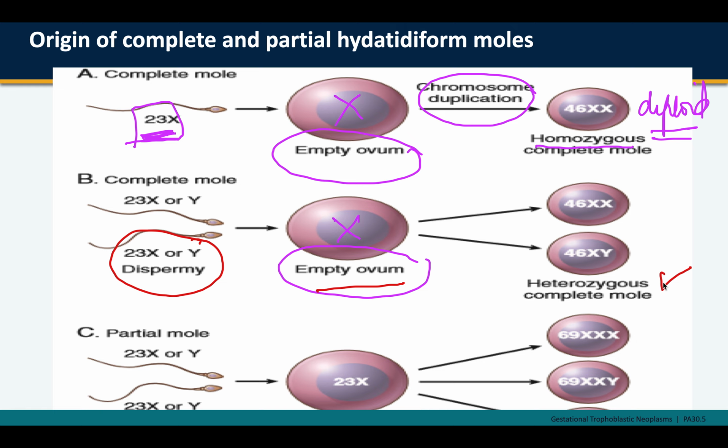One thing is the ovum is empty. Last is the partial mole. In partial mole, the ovum contains its chromosomes, but two sperms or three sperms fuse with the chromosomes, leading to formation of a triploid or tetraploid structure. So this is partial mole.